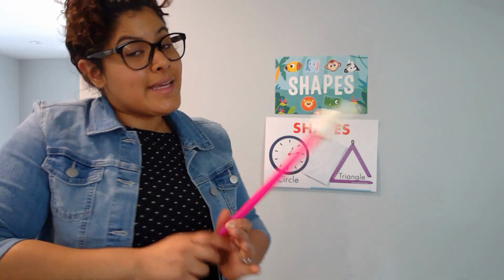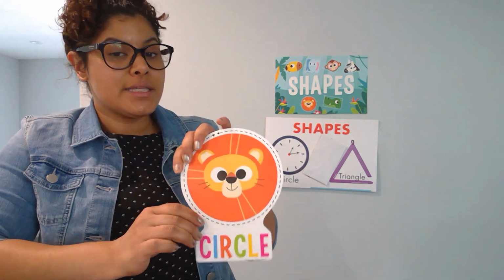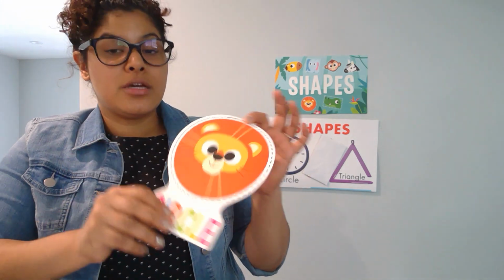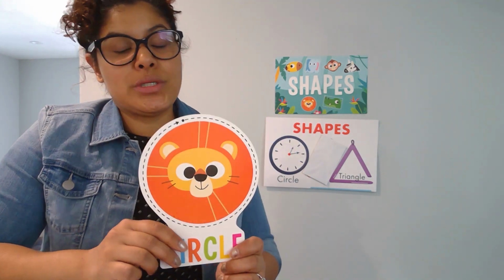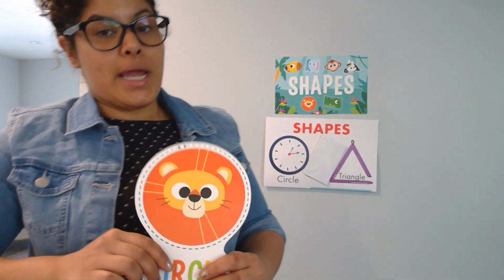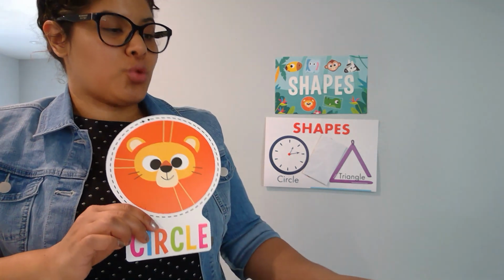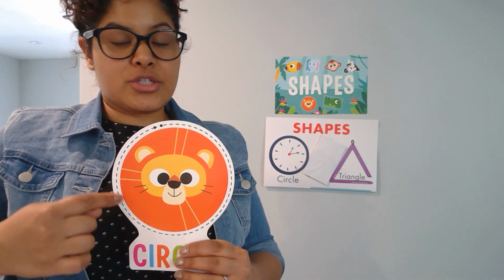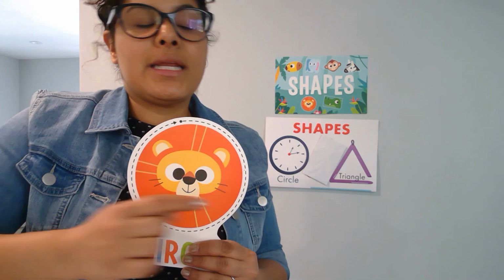This circle is just like this circle, which is flat. So we call it a two-dimensional shape or a 2D shape for short. Since it does not have any openings, it just goes round and round. It is a closed shape.